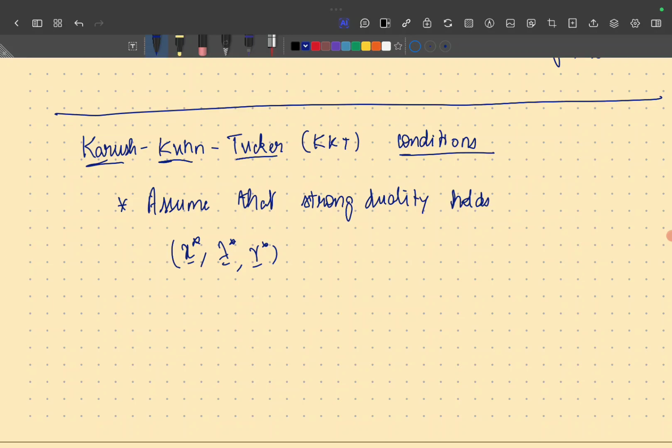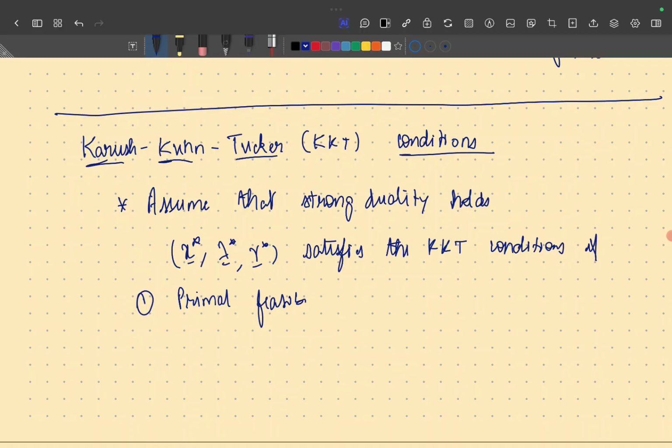All right, so this tuple satisfies the KKT conditions if basically it should satisfy primal feasibility, so Fi of x star is less than or equal to 0 for i equal to 1, 2, 3 up to n.